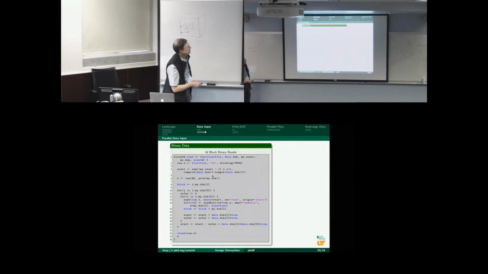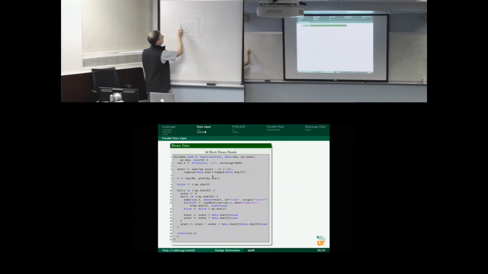This line here positions you in a specific place in the file, and this is the actual binary read. And the difficulty here is that it's actually not that easy because things are stored in a certain way. If you want to read this column, it's inside this whole file. We're going to start from the bottom.